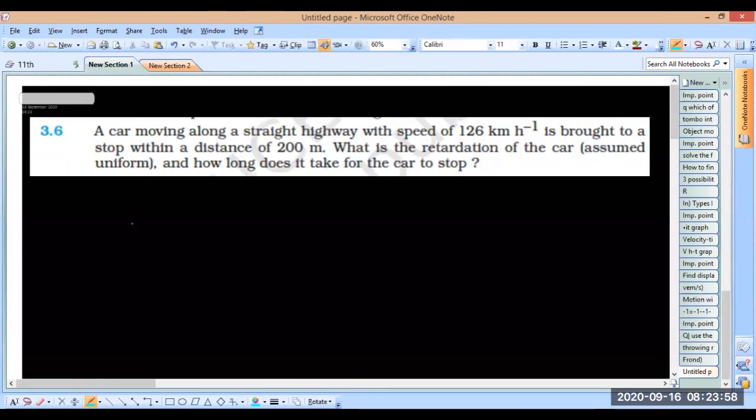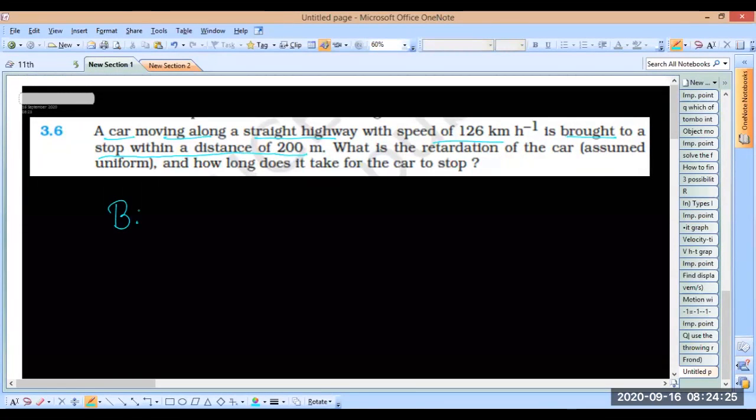Let's describe this situation first of all. There is a car which is moving along a straight highway with this speed. Speed is the magnitude of velocity, don't forget that. It is brought to a stop within a distance of 200 meters.